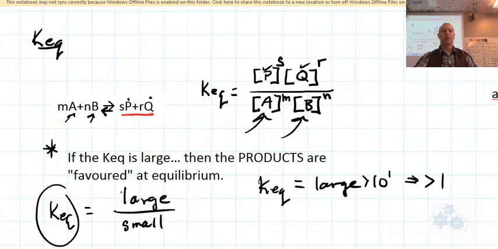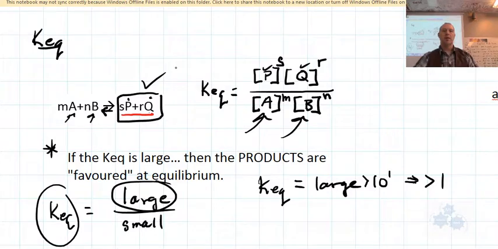So if KEQ is large, the larger number would be on top, which says these are the products and they are favored. So the reason why we always put the products, the substances on the right, on top is because when you see a KEQ, you're going to look at the size of that number and be able to tell right away at equilibrium which products are favored.